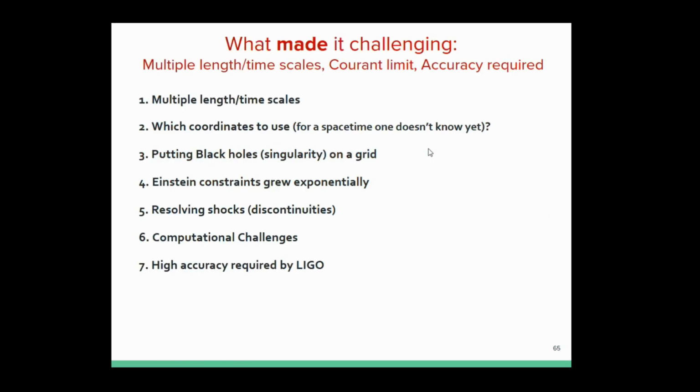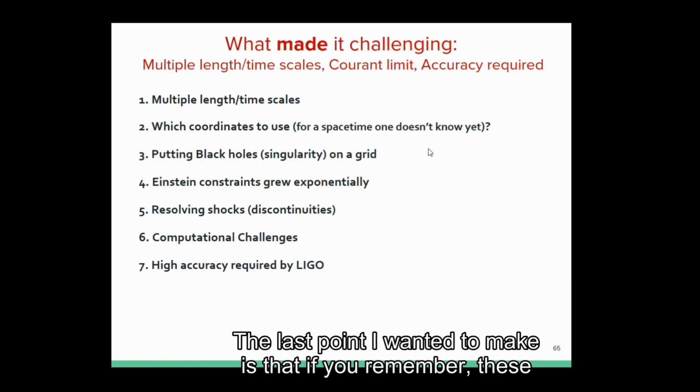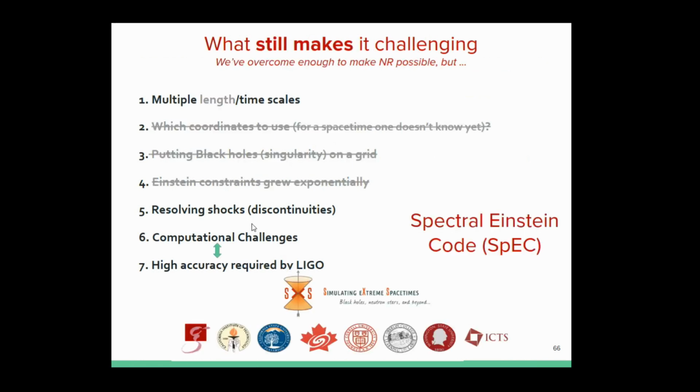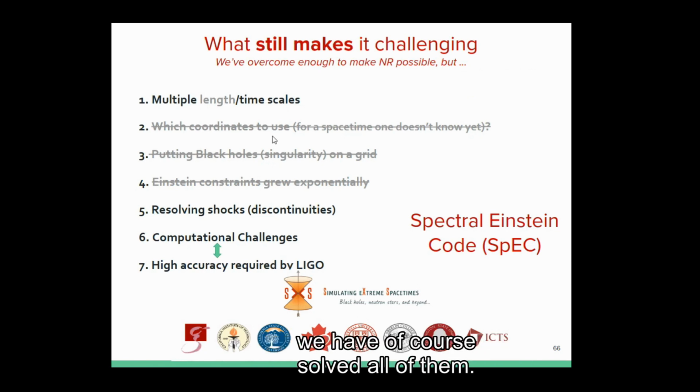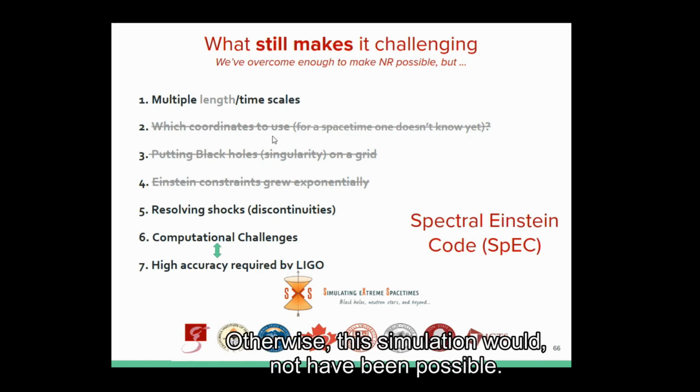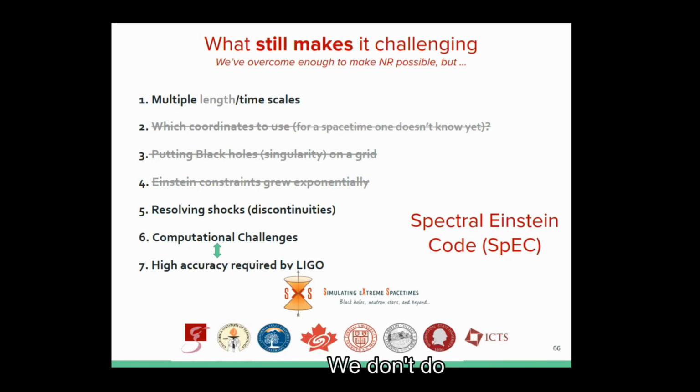Now, the last point I wanted to make is that, if you remember, these were the set of difficulties. These are the difficulties that we have solved with SpEC. We have, of course, solved all of them, otherwise these simulations would not have been possible, but not perfectly. We just don't do shocks very well. As I described, there's a separate grid for fluid evolution, a separate grid for spacetime simulation. That's really just inefficient, right?